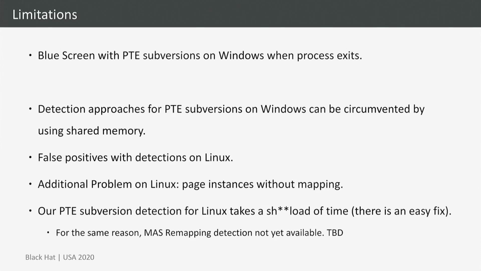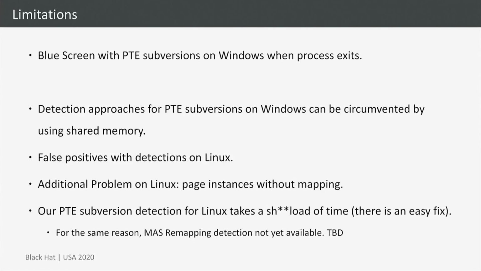Also, an additional problem in Linux, there can be page instances, so page structure instances that have no corresponding mapping. And by that, it's not possible for us at the moment to detect those pages in regards to subversion techniques. And also, again on Linux, our PTE subversion detection implementation is at the moment quite time-consuming.